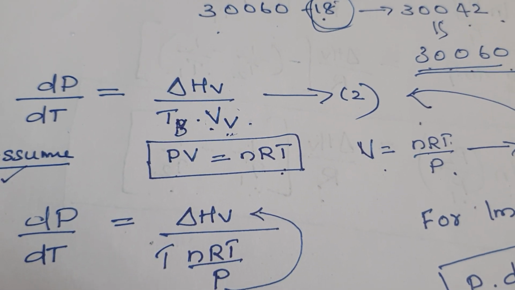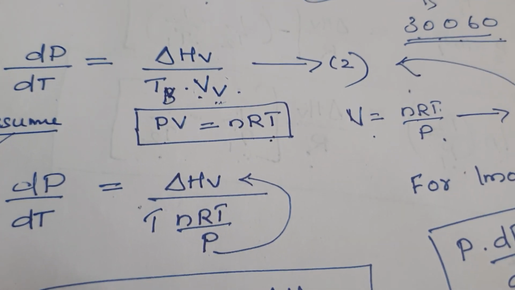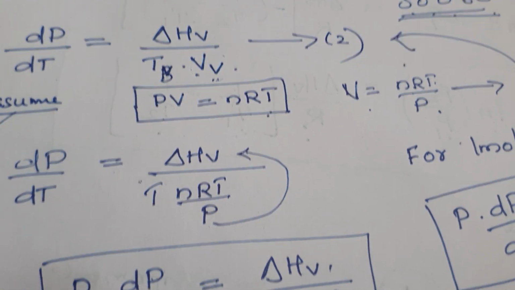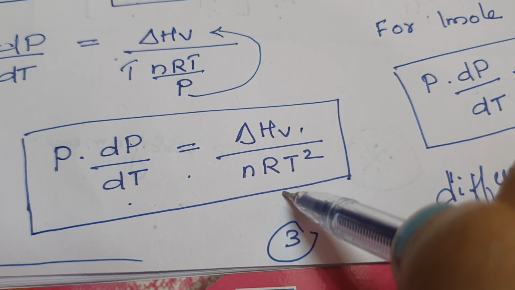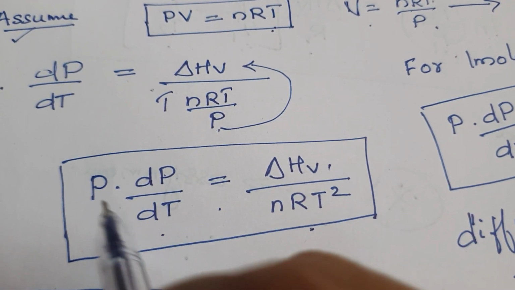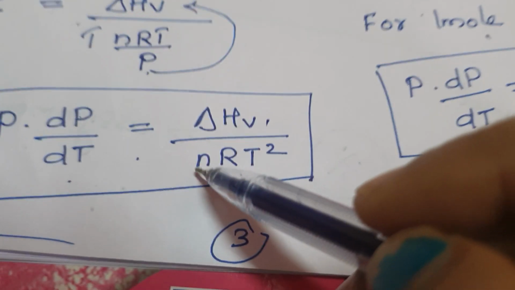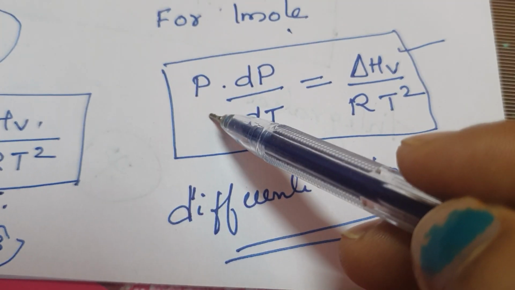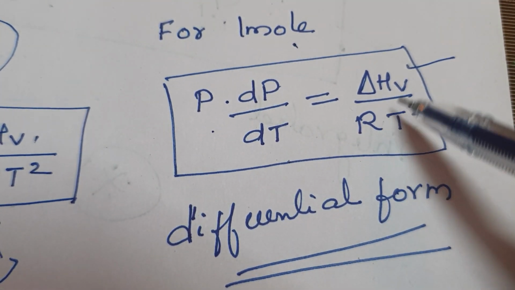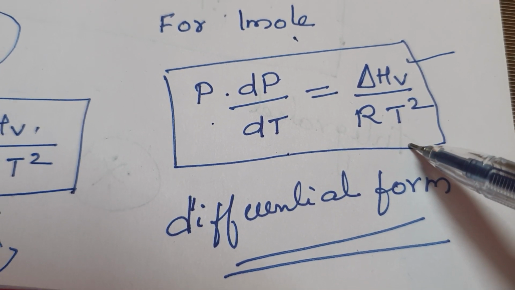So P dP/dT is equal to delta H_V by nRT square. And we'll consider 1 mole now, so n is equal to 1. We can write P dP/dT is equal to delta H_V by RT square.